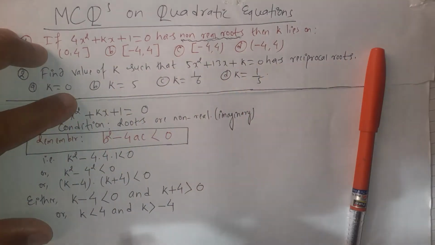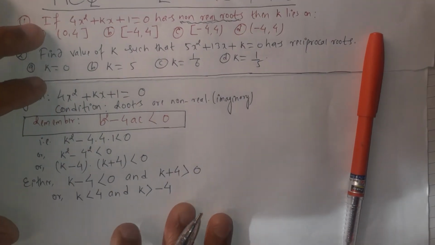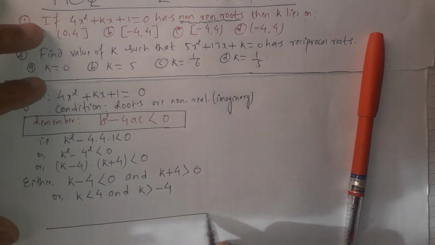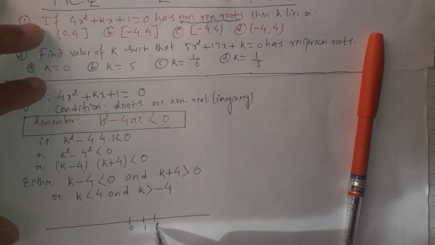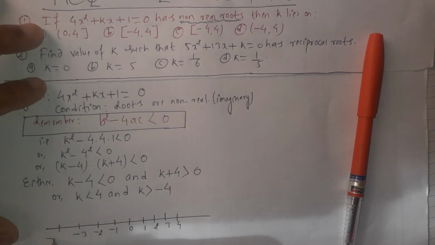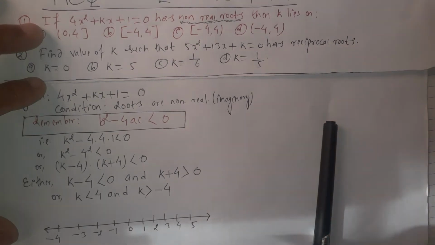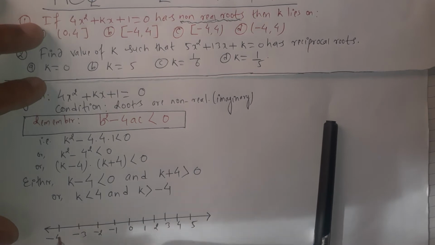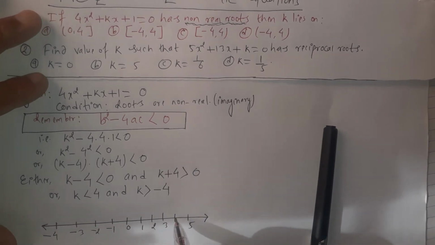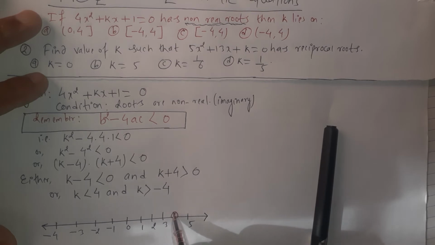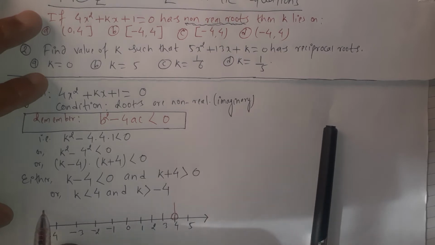Now solving these two inequalities using the number line. So making the number line: 1, 2, 3, 4, negative 1, negative 2, negative 3, negative 4, and so on. Now k less than 4 means 4 does not belong here, so an open circle, and less means going to the left.